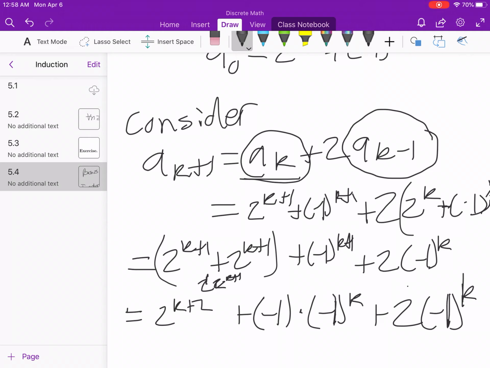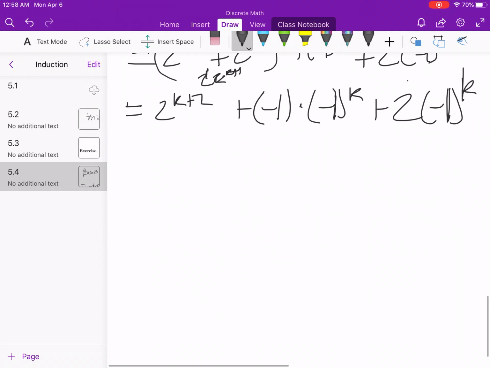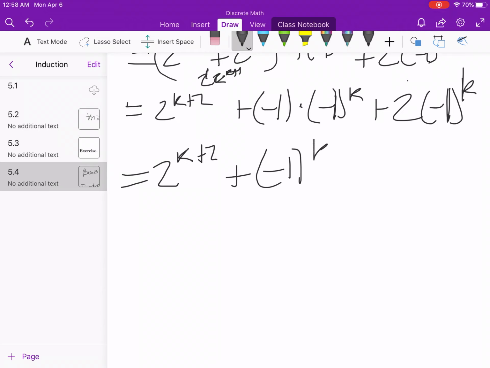So this is just some algebra stuff. And notice here, what I'm going to get is that this is 2 to the power of k plus 2. And if I do negative 1 times negative 1 to the k plus 2 times negative 1 to the k, well, this is just going to cancel out and just give me plus negative 1 to the power of k. Now, really what I want is this in the form of negative 1 to the k plus 2.